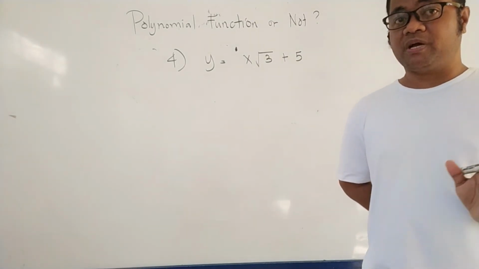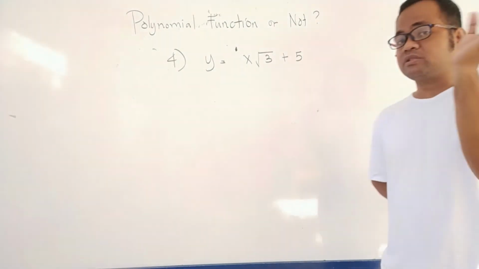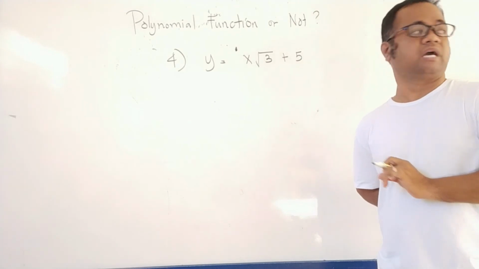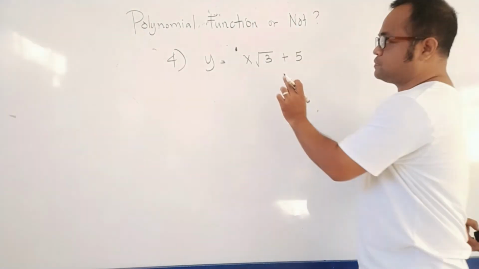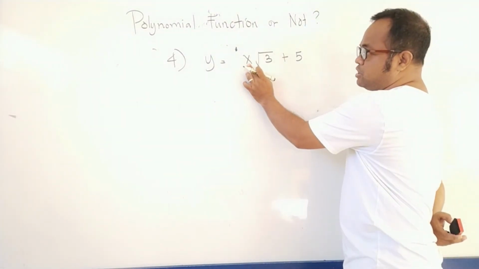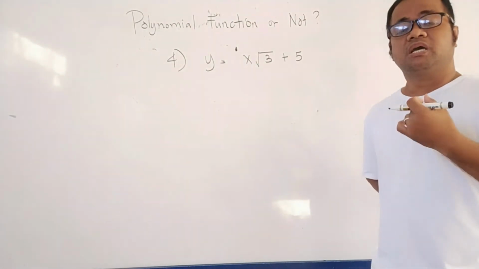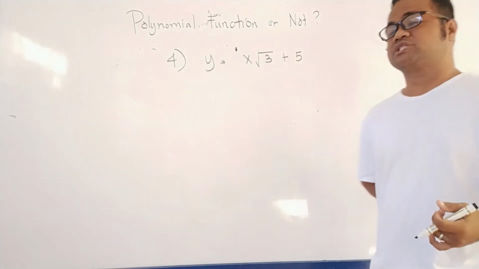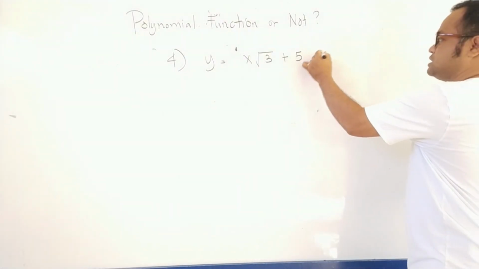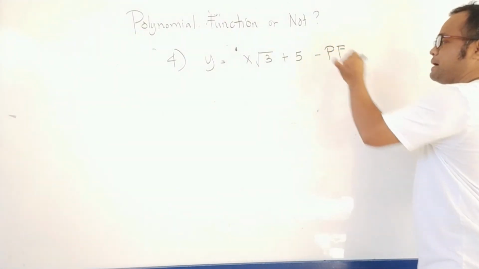Is this a polynomial function? Okay, try to look at the variable x here. The exponent of the variable x here is 1, which is a positive integral exponent. So therefore, this is a polynomial function.